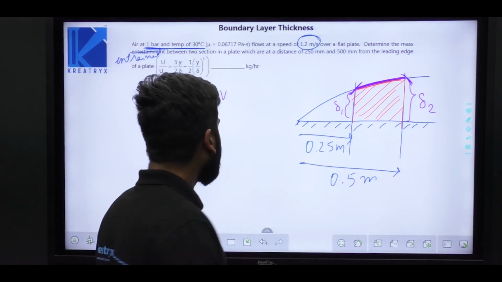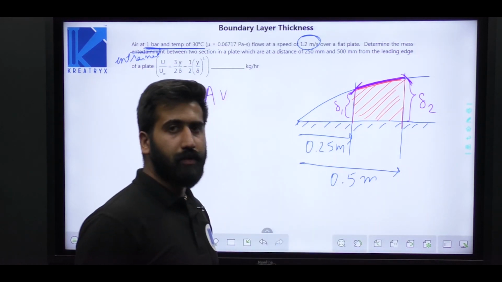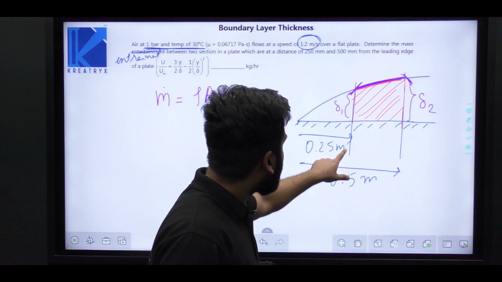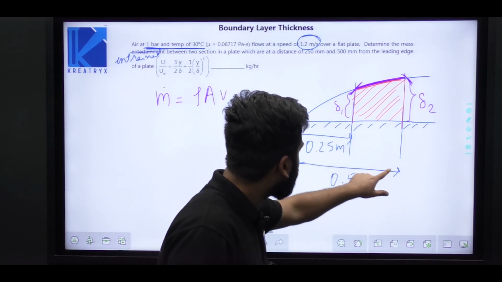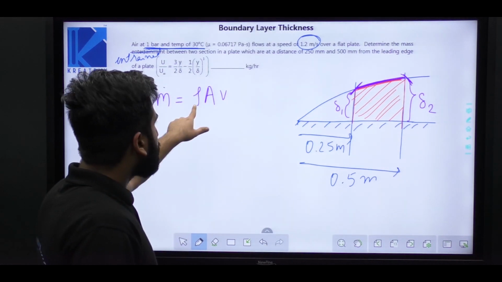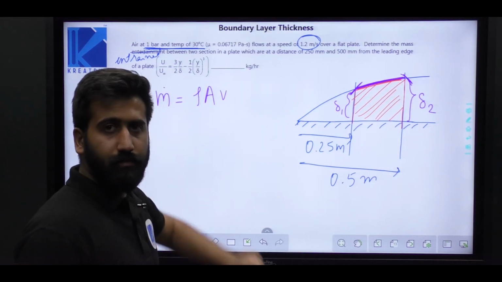Yes, I will get the mass entrapped. This was the concept. So you have to find the boundary layer thickness at this section, then at this section, and you have to integrate this equation.